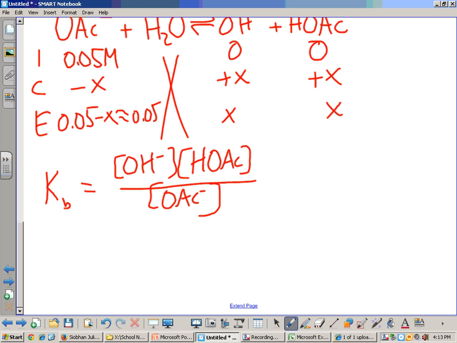Now, at this point, hopefully you might be noticing that the problem does not give you the Kb for acetic acid. Instead, it gives you Ka. This is the point that I will now remind you that way back at the beginning of equilibrium, I said that you might get a problem where you realize you need the Kb value, but the question only gives you the Ka value. And how you might come whining and crying to me saying, but it's not the one that I need.